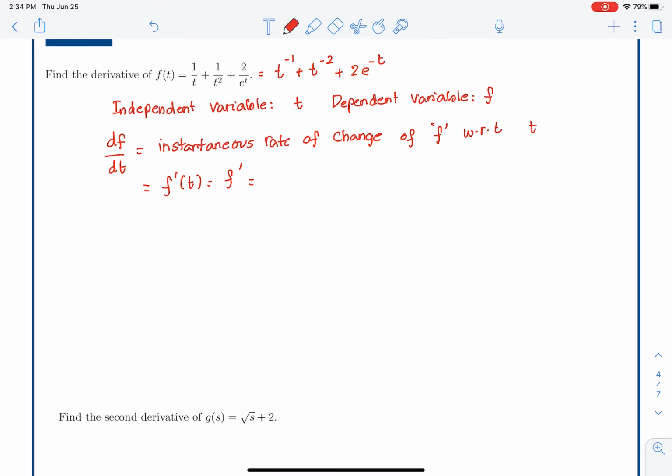So how do we take the derivative? So n here is negative 1, there it is negative 2. So negative 1 comes to the front, t raised negative 1, negative 1. Negative 2 comes to the front, t raised negative 2, negative 1, plus 2 times, side note, the derivative of e raised negative t is negative e raised negative t.